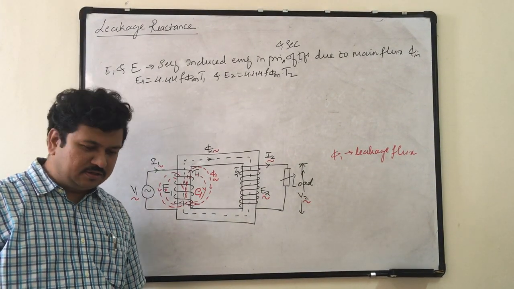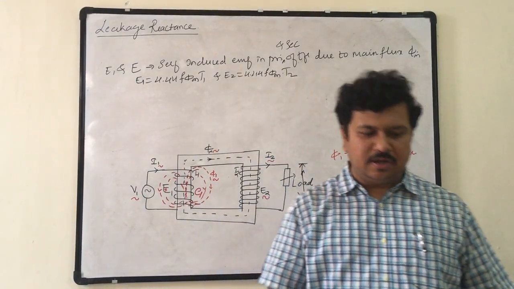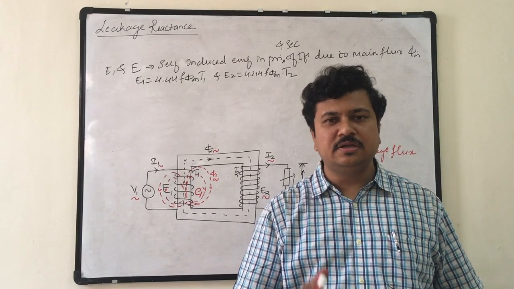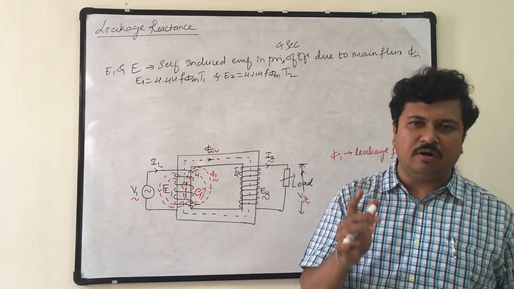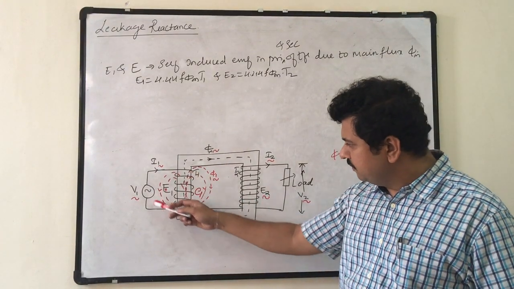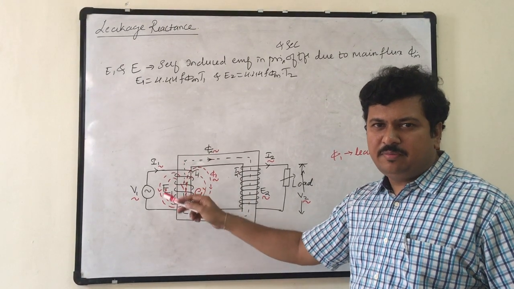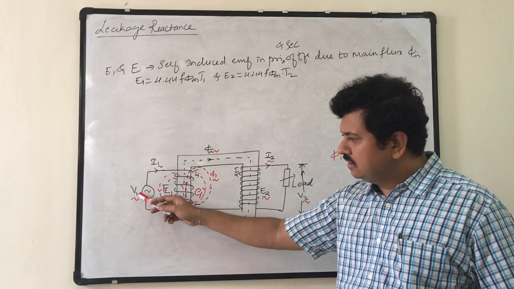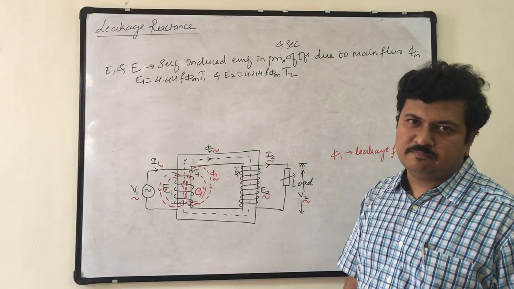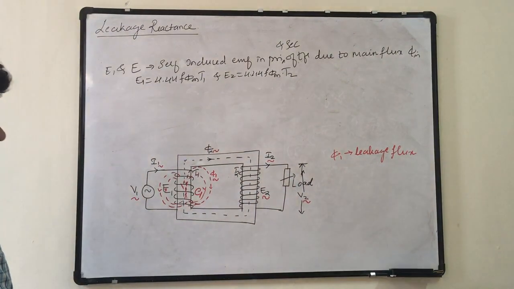But across any circuit, as we have seen in circuit theory, if there are any number of voltages across the same component, the resultant of all the voltages will exist. So the effective voltage in the primary circuit, which is a simple series circuit, will be the resultant voltage of V1, E1 and small e1. And what is that resultant voltage? You have to apply KVL.